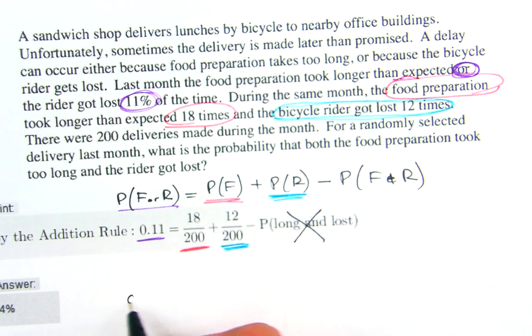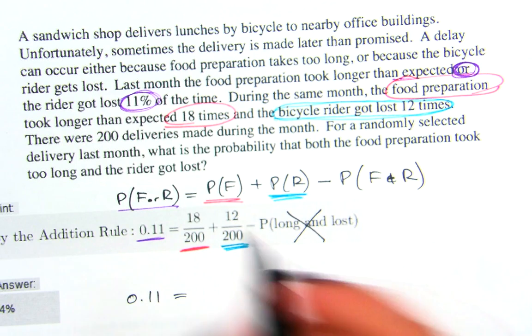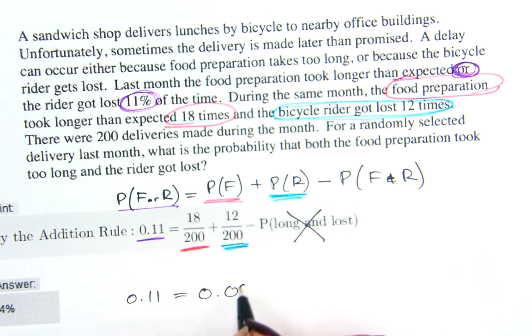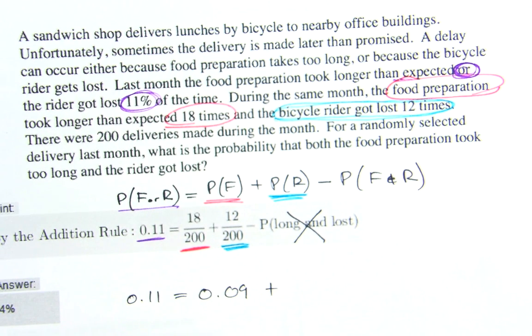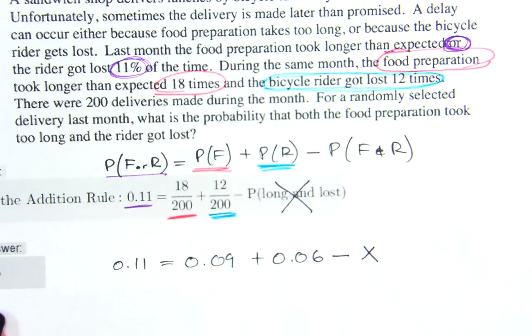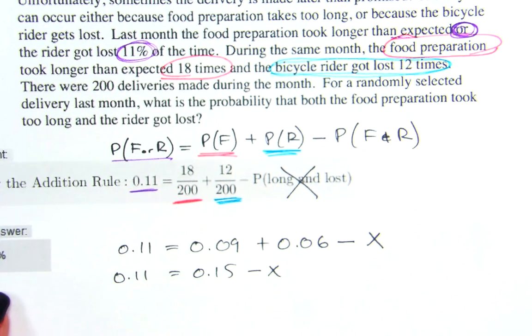Okay, so here's what we got. We got 0.11 equals, what in the world is 18 divided by 200? I don't know, some really small decimal. It equals 0.09, plus 12 divided by 200, 0.06, minus x. Okay, well, let's combine them. 0.11 equals 0.06 plus 0.09, I'm not doing that in my head, 0.15 minus x. Okay, so far so good. I just combined those two.